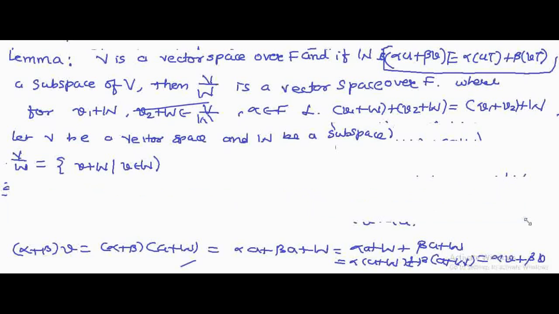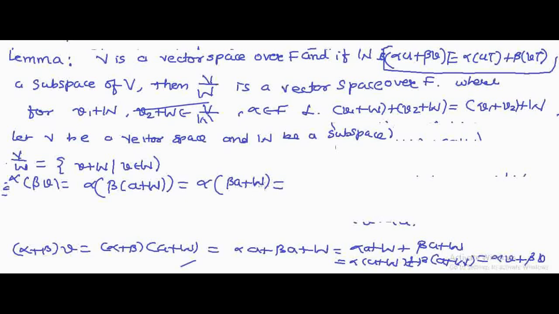Third property of the vector space. What is third property? Alpha times (beta v). Therefore, alpha times (beta into v) equal to alpha times (beta into (a + W)). This is equal to alpha into (beta a + W) by definition of scalar multiplication.